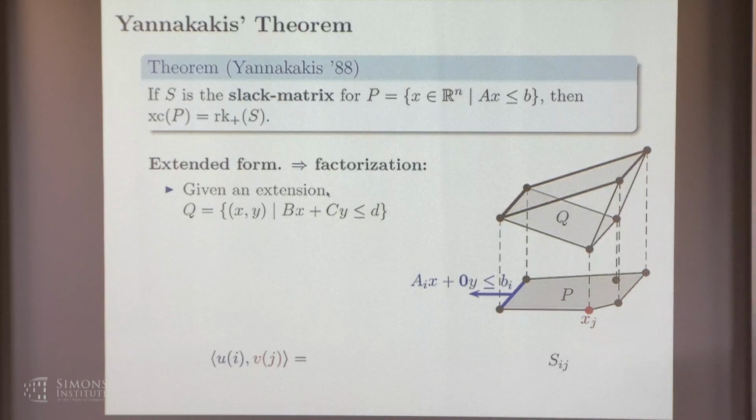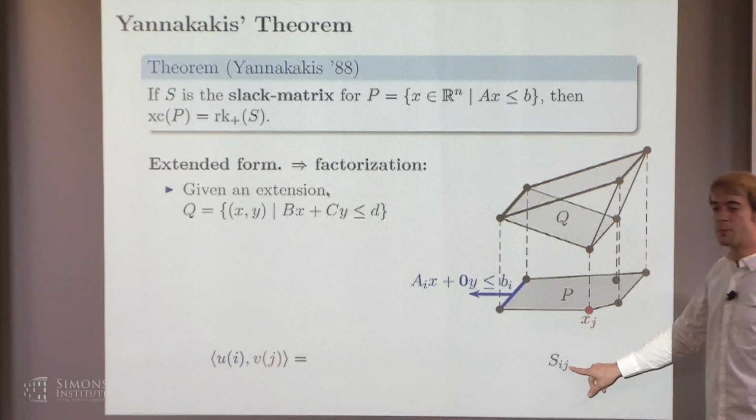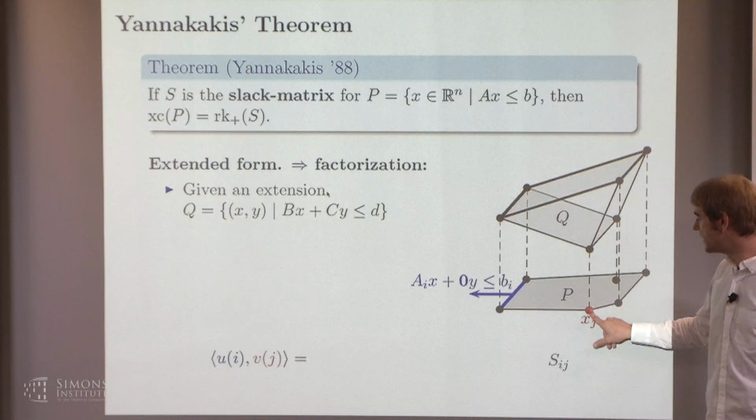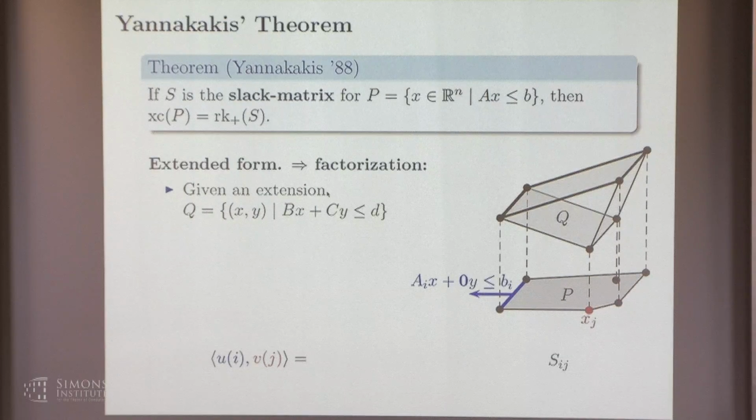From somewhere we need to get those non-negative vectors. And if you look at the inner product, it better be the slack that this vertex has with respect to that inequality. And this is where we get things from.